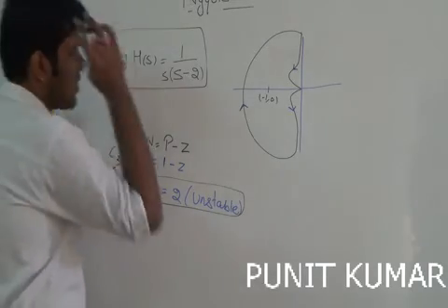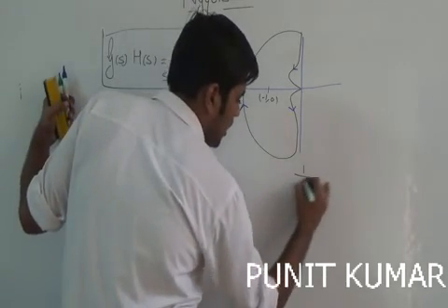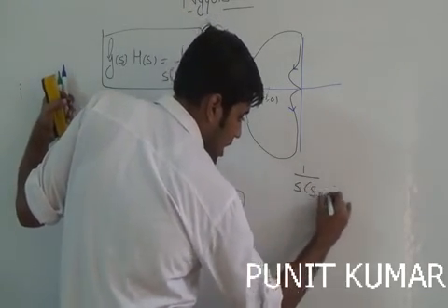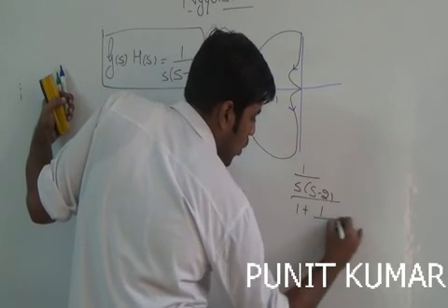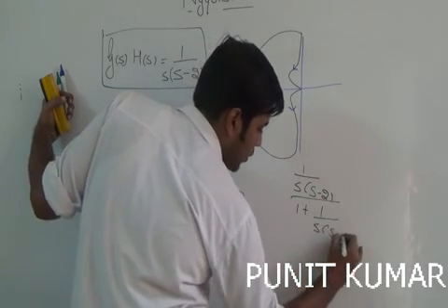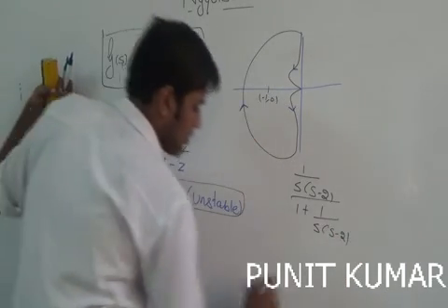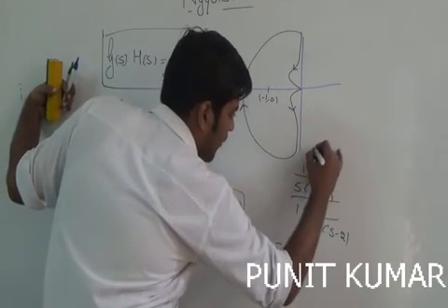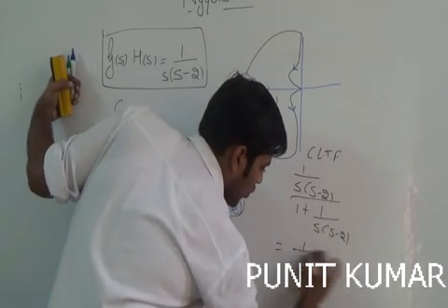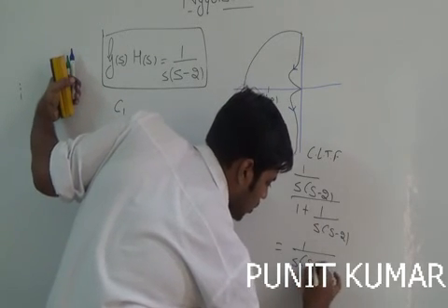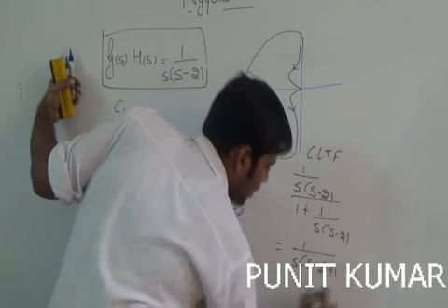इसका क्लोज लूप ट्रांसफर फंक्शन क्या बनेगा? 1 divided by s minus 2 over 1 plus 1 divided by s into s minus 2. Here I am formulating closed loop transfer function. 1 over s into s minus 2 plus 1.